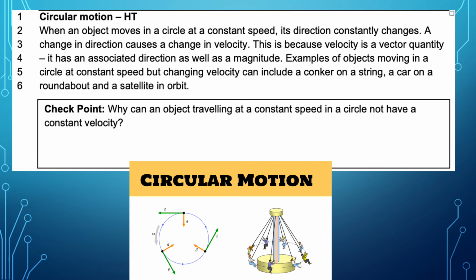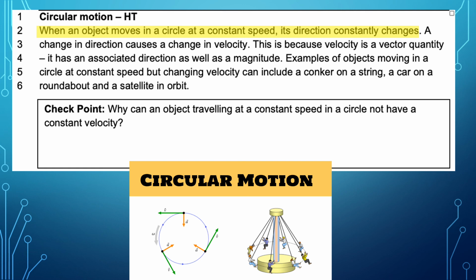When an object moves in a circle at constant speed, its direction is constantly changing. That should make sense. Looking at the picture below, if you're moving in a circle, you can actually draw out the vector diagrams for where your forces are. So your green forces is actually the velocity, and each one of those velocities is slightly different because the direction is changing.